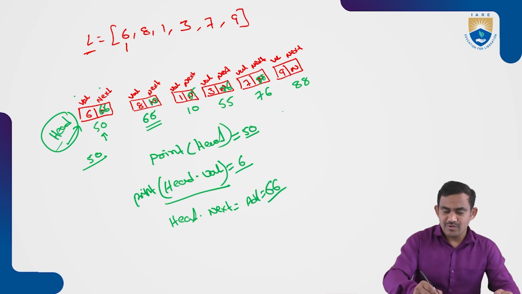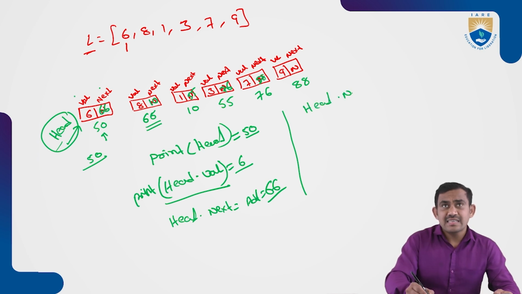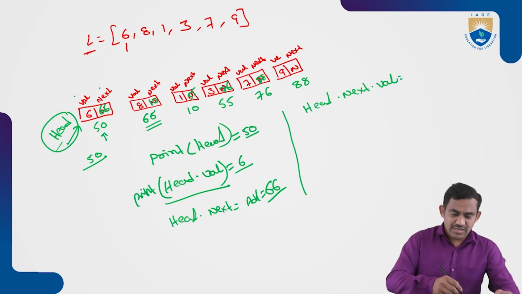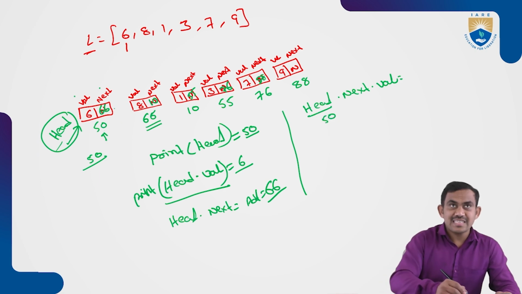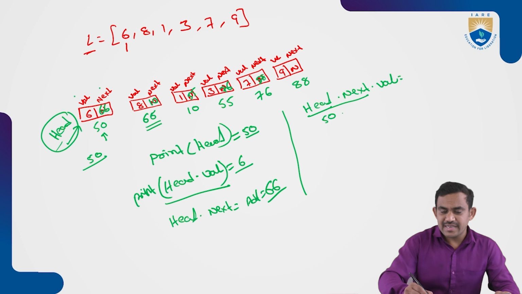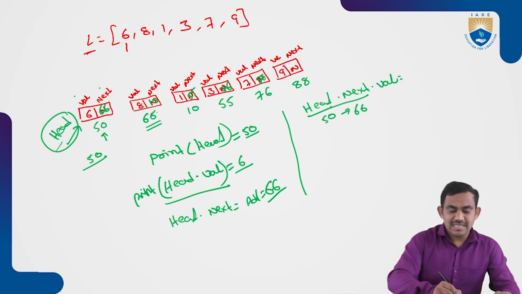If suppose I want to go for head dot next dot value. Now your head is 50, right? 50 next is 66. 66 dot value, what do we have? 8.